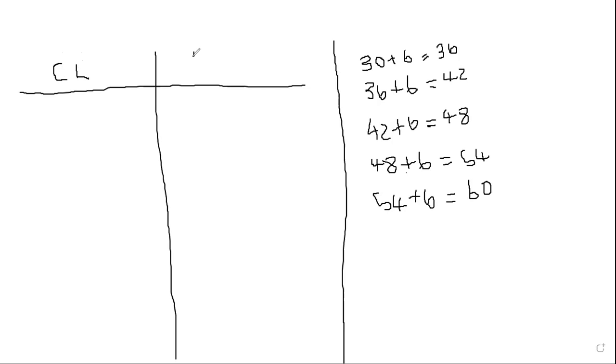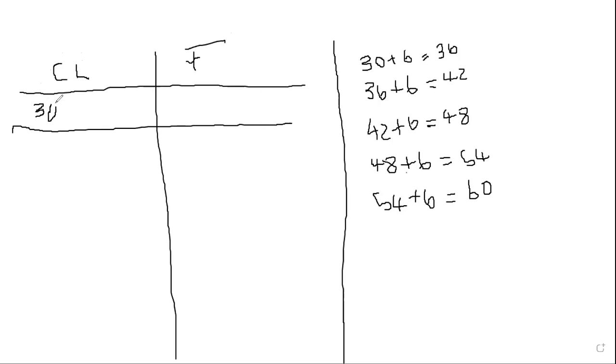Then here we have our frequencies, denoted by F. For the first class, we have 30, which is our lower limit.